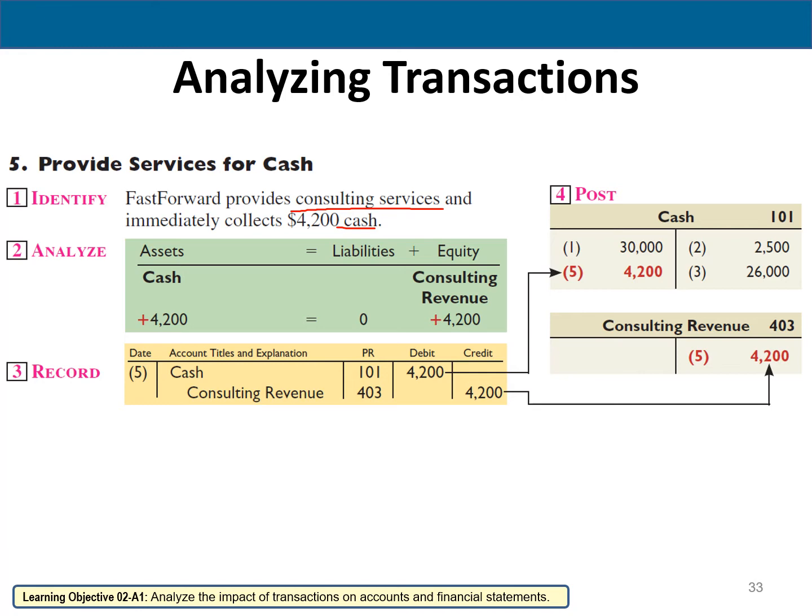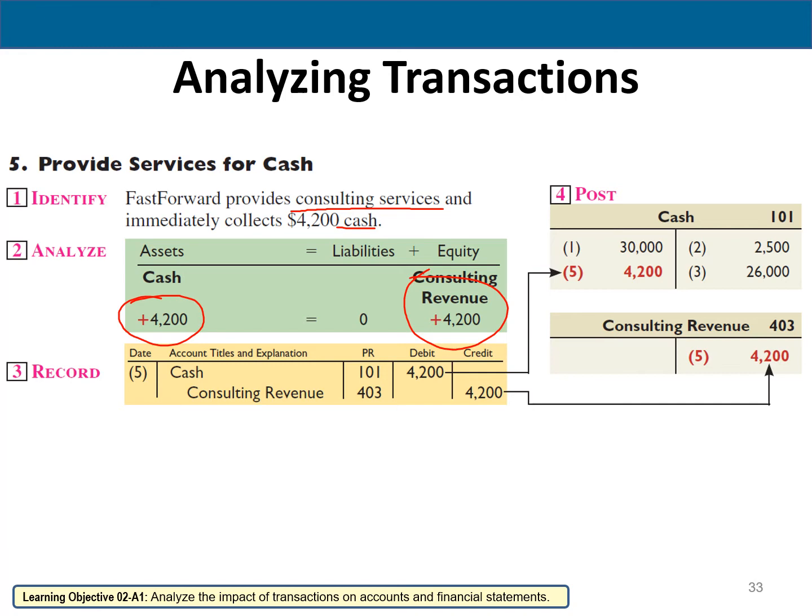So cash is an asset account, and it's going to increase by $4,200. And then consulting revenue is part of our expanded accounting equation, but it belongs in the equity section. And so revenue and equity have the same relationship. So as revenue increases, equity also increases. And here we're recognizing our consulting revenue increase of $4,200.